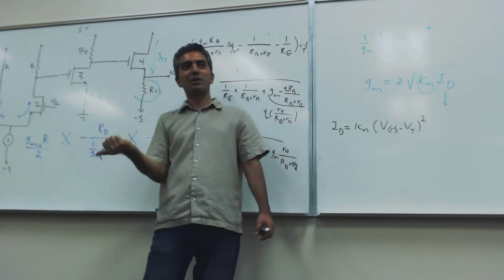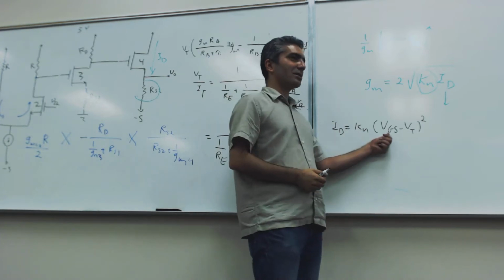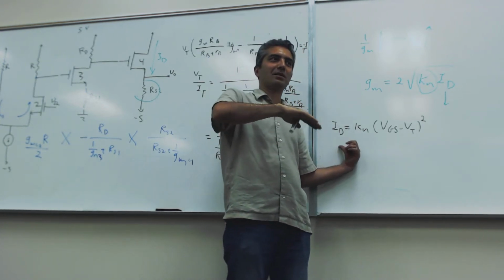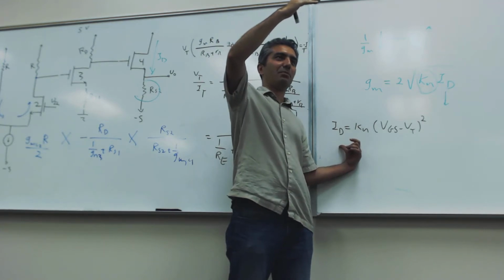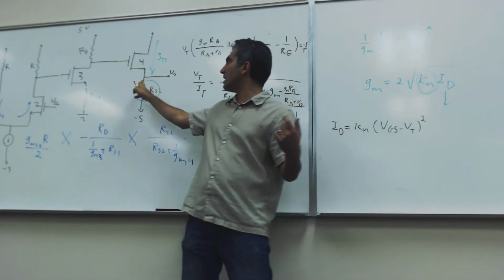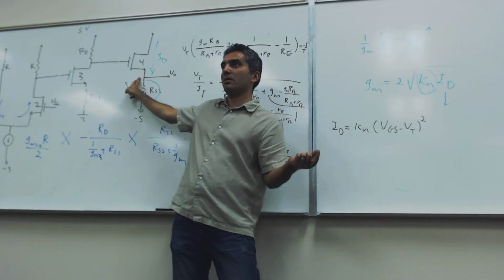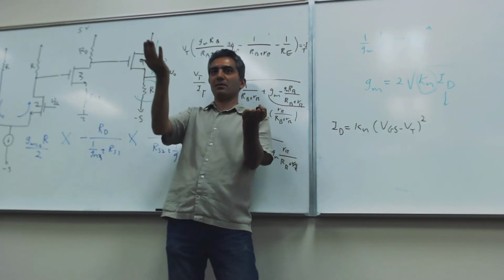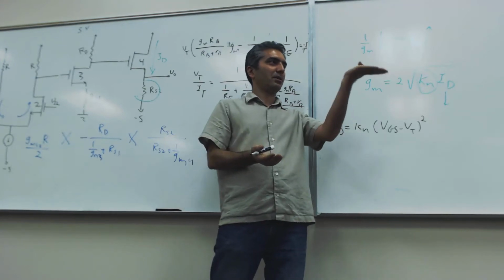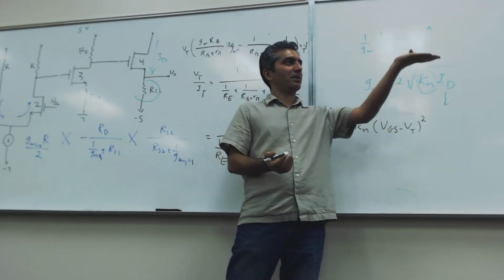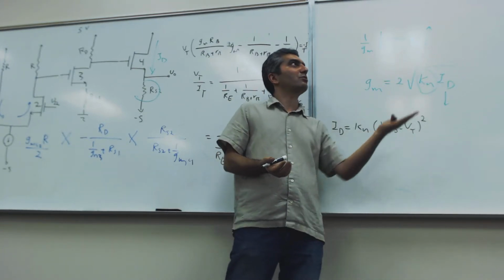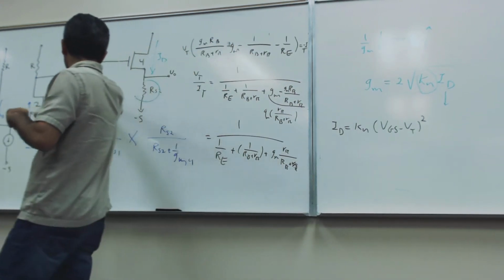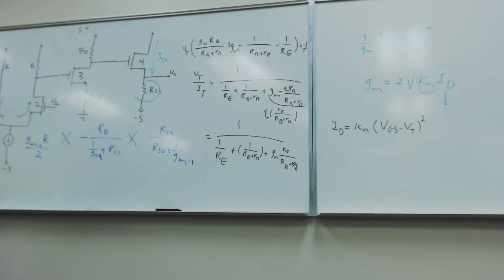The VGS is actually going to go down. So VGS goes down, ID goes back down. Even though it starts going up, because Vs is no longer ground and rather is connected through a resistor, it counters it. So it goes up and then goes down, and it stabilizes, as opposed to going up forever, right? So this thing is there for stability reasons.